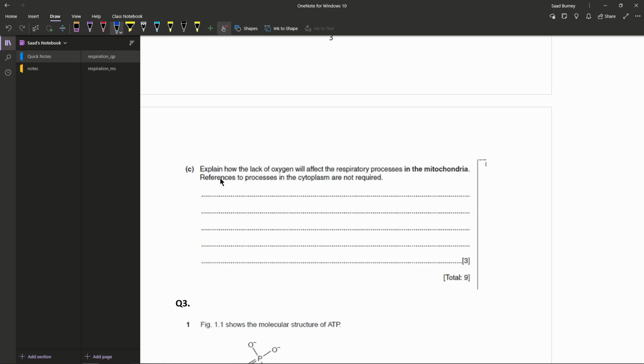Now question part C, it says explain how the lack of oxygen will affect the respiratory processes in the mitochondria. References to processes in the cytoplasm are not required, so you do not need to mention glycolysis.